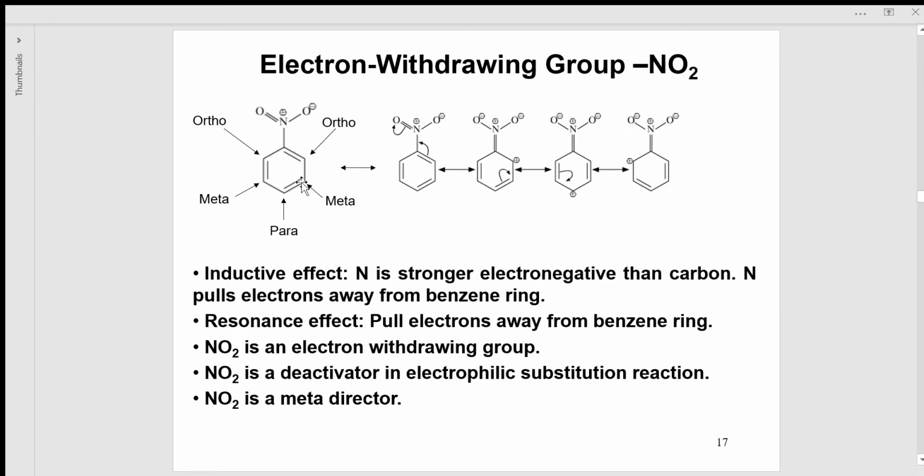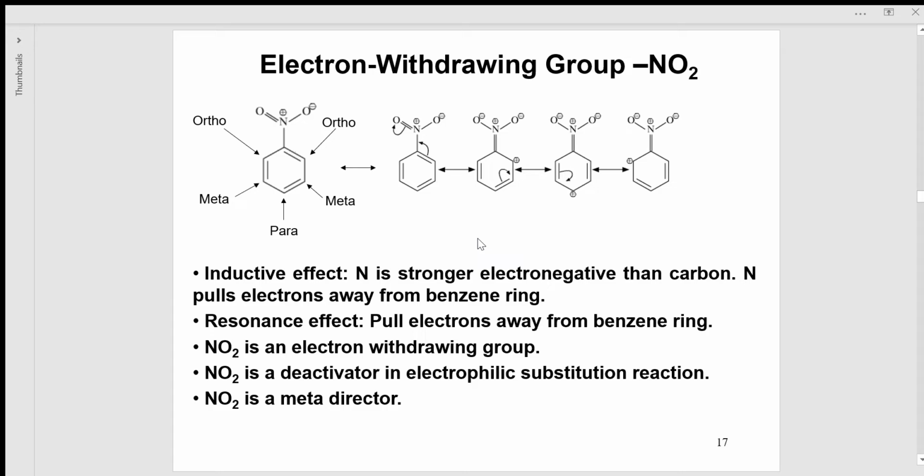Basically, these are the two meta positions. That's why we have the definition of the meta position, because the ortho positions and the para position all carry some positive charge.